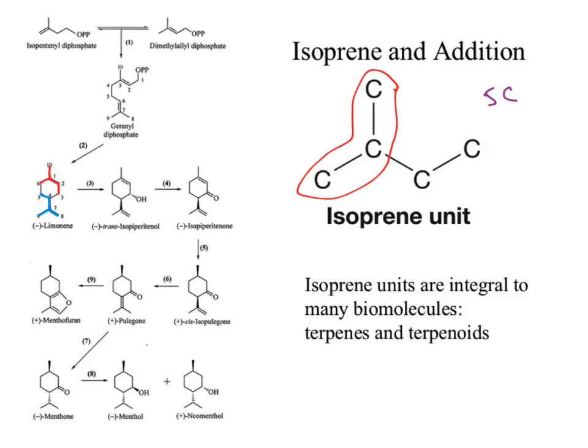In particular, steroids. If you've seen cholesterol, which I will probably botch, it has some basic structure like this, and there's a bunch of random stuff hanging off of it. That big complex structure is actually just a string of isoprenes very carefully linked to each other.